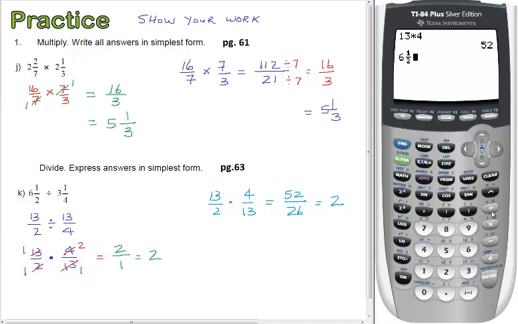Now this time we divide, and alpha, y equals, number 2, and this is 3 1/4. And hit enter. And there's your answer, 2. Notice how the brackets were added by the calculator for clarification. Okay, so there are examples of multiplying and dividing mixed numerals.